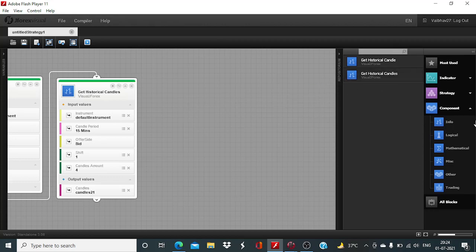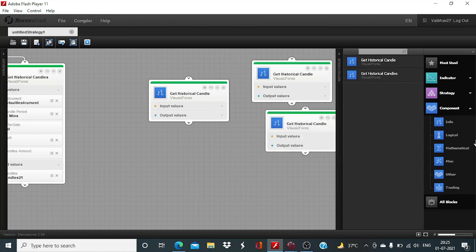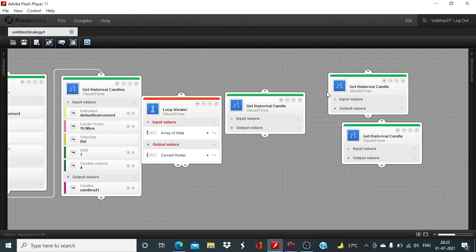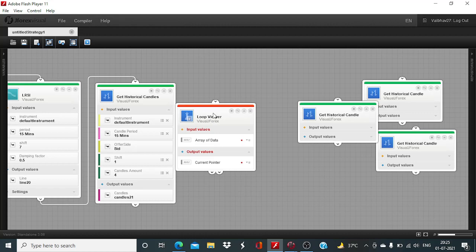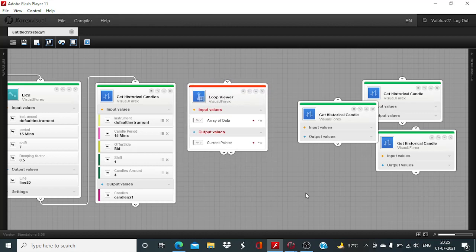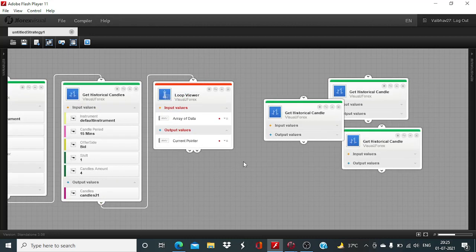Now we are going to need 3 of these, and before that the loop viewer will also need to be added. So we take this array of data of candles, and whenever we need an individual variable, we will be able to get that using this output value.